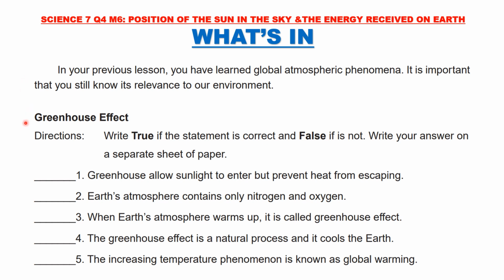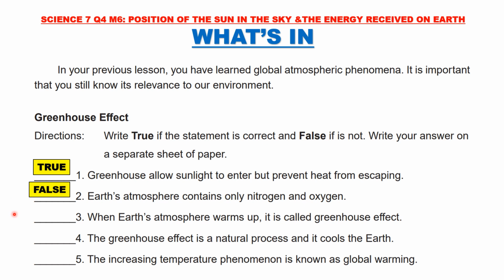Greenhouse effect. Directions: write true if the statement is correct and false if it is not. Number 1. Greenhouse allows sunlight to enter but prevents heat from escaping. Answer: true. Number 2. Earth's atmosphere contains only nitrogen and oxygen. Answer: false. Number 3.